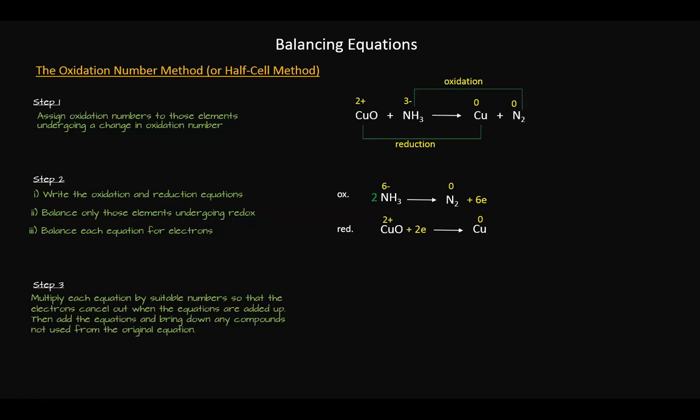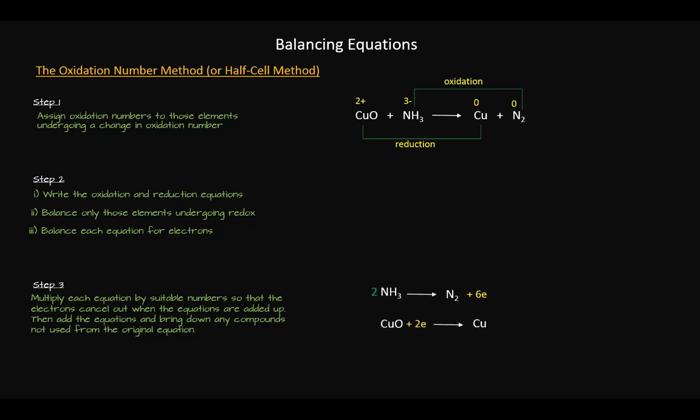Now we multiply each equation by a suitable number so that the electrons cancel out when the equations are added up. Electrons never appear in a final equation. Then add the equations and bring down any compounds that were not used from the original equation. This part isn't needed for this example, but it will come up in the last practice problem.